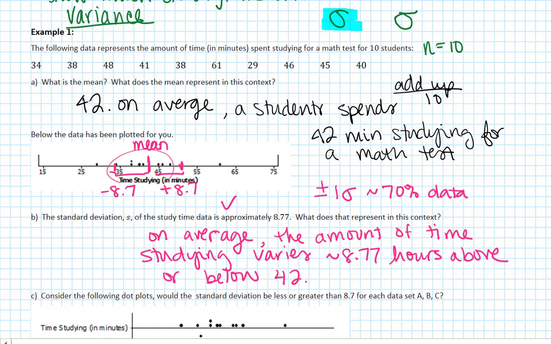Or the average student spends between 33.3 and 50.7 studying. So most of the students spend between 33.3 and 50.7.